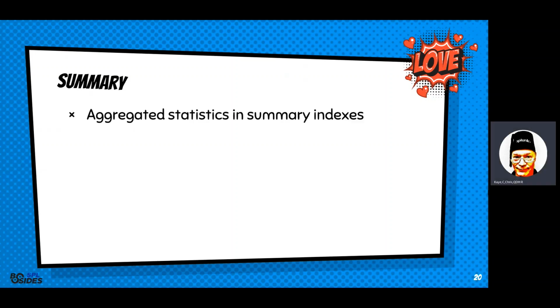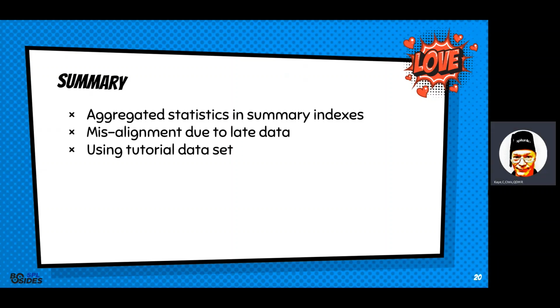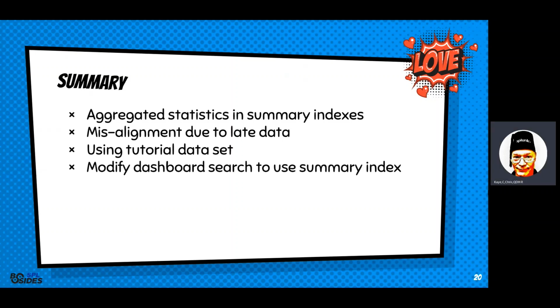In summary, we have looked at how summary indexes are used to aggregate statistics and how they might get misaligned with raw data. We looked at how the tutorial dataset can be used to demonstrate the issue. We looked at how to modify a dashboard parent search to use summary indexes in place of a raw index.